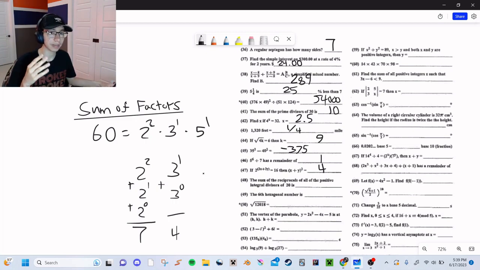Lastly, I do that with the 5 to the 1st. So I have 5 to the 1st power. I'm going to add that 5 to the 0th power. So that's going to be 5 plus 1, and that's 6. And now I just multiply all these numbers.